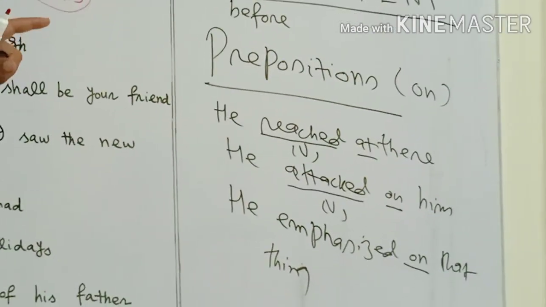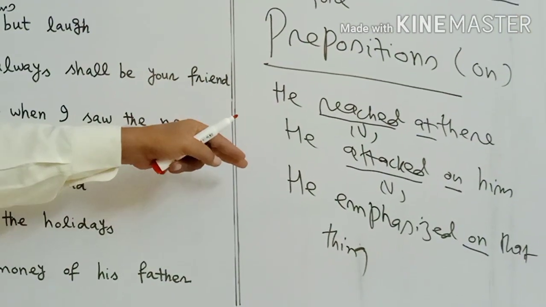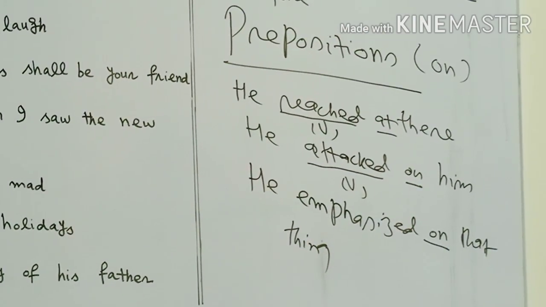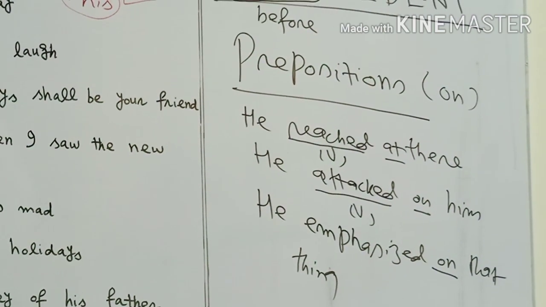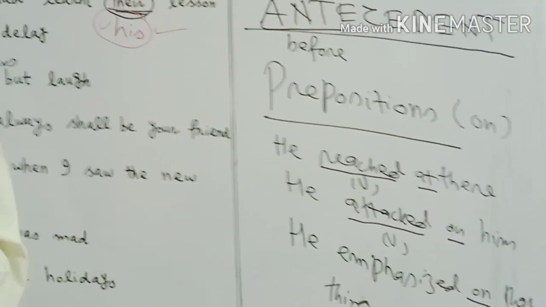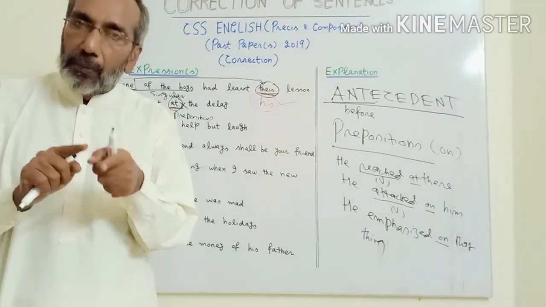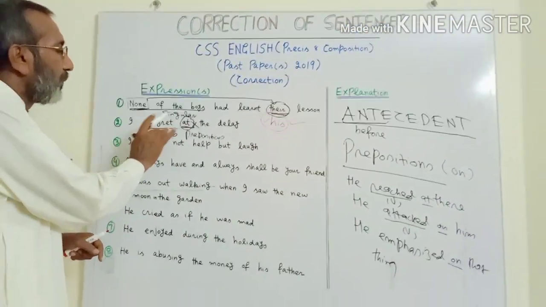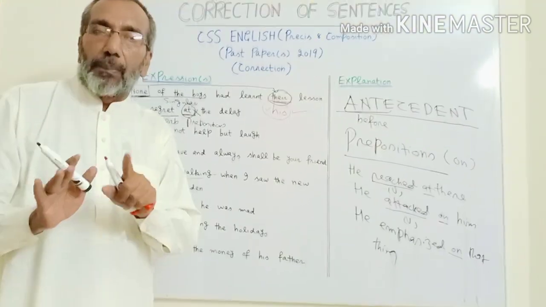But in this sort of exam, there are glaring mistakes, as I've said, of prepositions. Mistakes are of two types. Sometimes we are supposed to use a preposition and we don't, which is a mistake. Sometimes we are not supposed to use a preposition and we do, which is also a problem. As I said, when we use regret as a verb, we don't use any preposition.